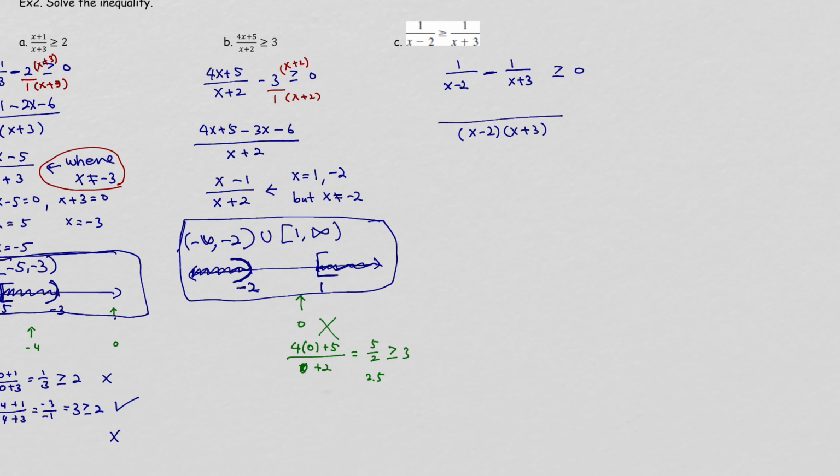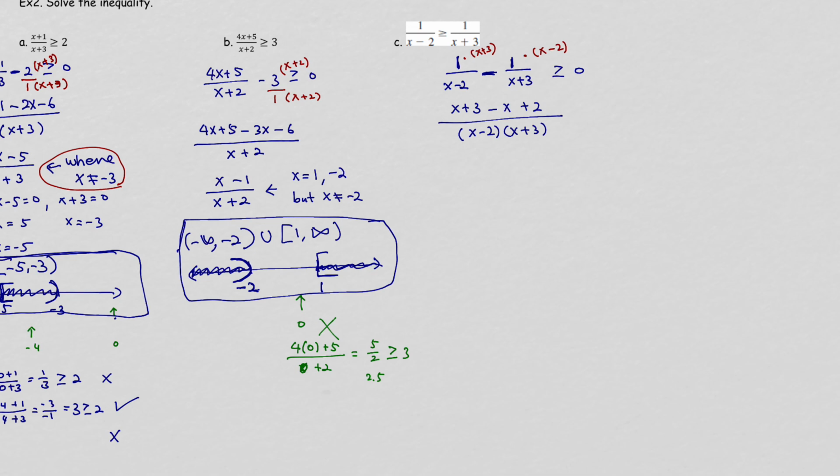So then this 1 times x plus 3, and negative 1 times x minus 2 will be negative x plus 2. Don't forget I multiply this by x plus 3, and multiply this negative 1 by x minus 2.